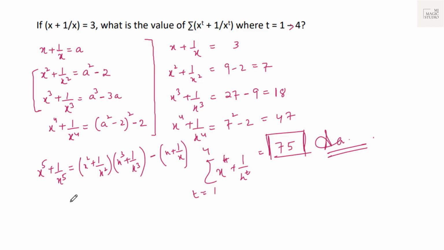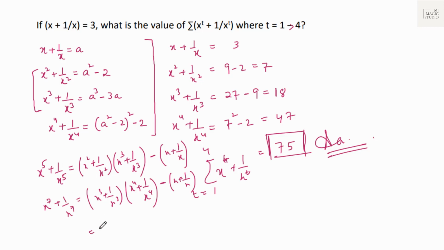This becomes the formula for x to the power 5 plus 1 by x to the power 5. Similarly, you can work it out and find the values for 7, 9. For 7, you can do this with 5 and 2 and then subtract, or with 4 and 3, then subtract. You can do this with x cube plus 1 by x cube into x to the power 4 plus 1 by x to the power 4, and the difference between these powers is 1, so that will be minus x plus 1 by x.